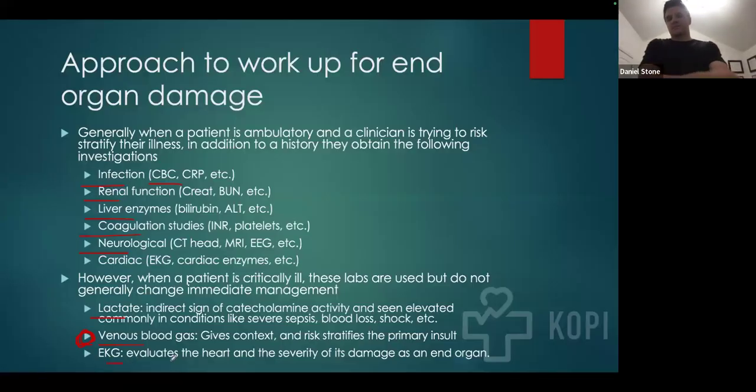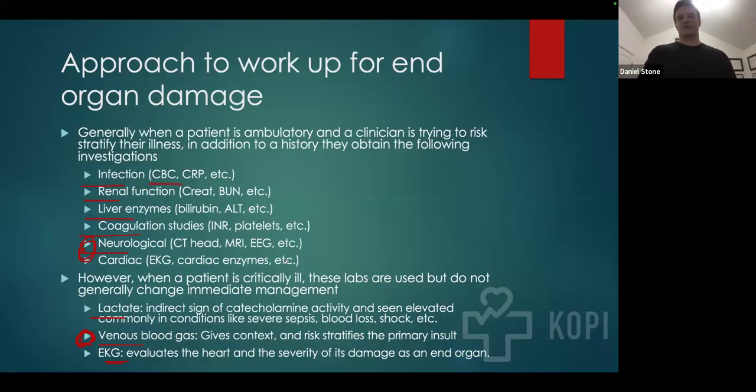And that's just because what we're doing is we're trying to risk stratify end organ damage. My neurological exam will usually give me some clue about neurological end organ damage. But really what I'm doing with these tests is I'm risk stratifying the patient's possibility for cardiopulmonary end organ damage, as well as basically trying to surmise what interventions need to happen quickly.